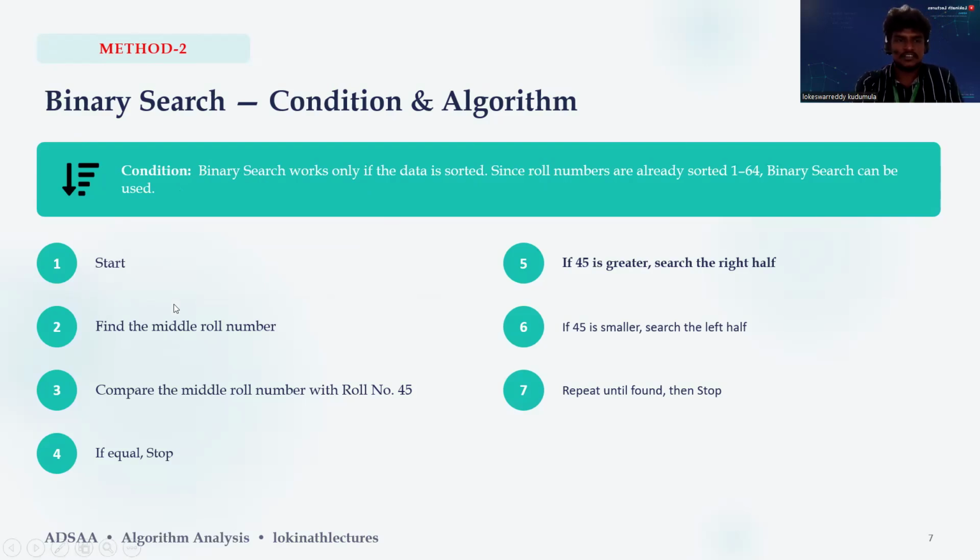We start, find the middle roll number, and compare it with 45. If equal, we stop and terminate. If 45 is greater, search the right half. If 45 is smaller, search the left half. Repeat until found, then stop the process.